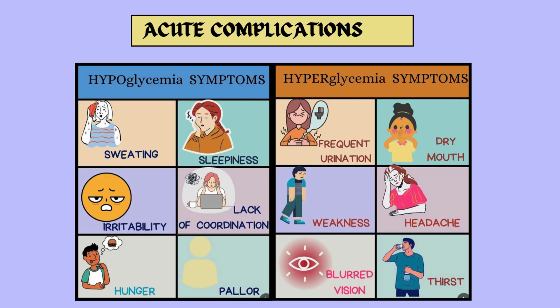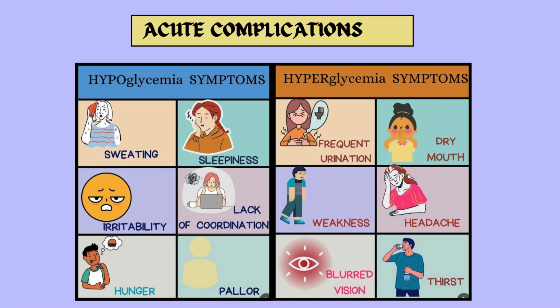Next is the complication. When a person has diabetes mellitus, either on insulin therapy or on oral hypoglycemics, they always have on-and-off periods of hypo- or hyperglycemia.